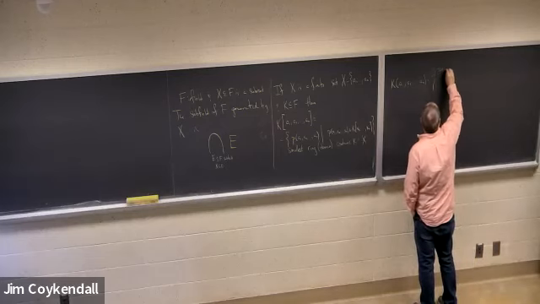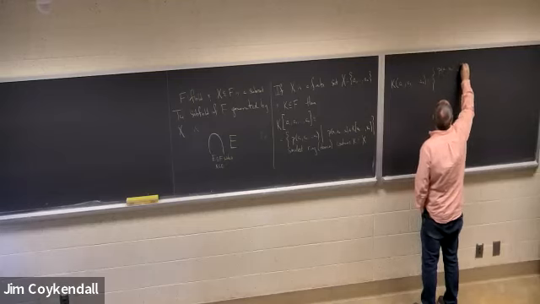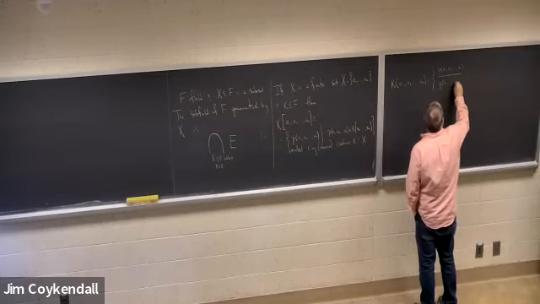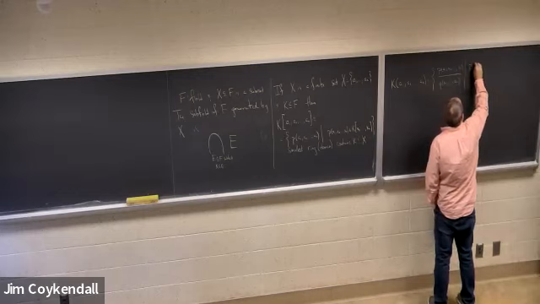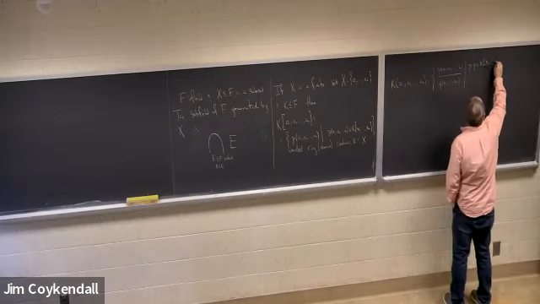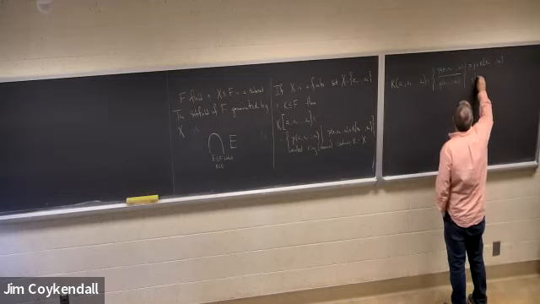that look like this, P1 over Q1, such that P and Q are polynomials over K in the variables, and I want Q not zero.